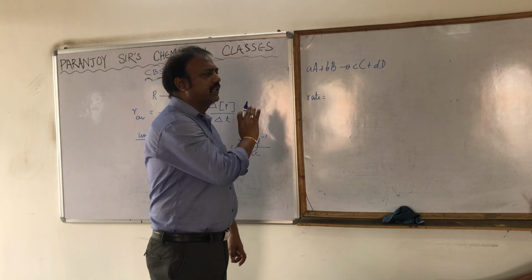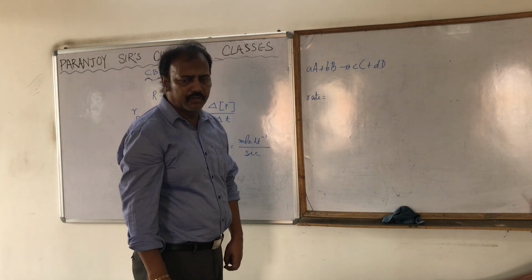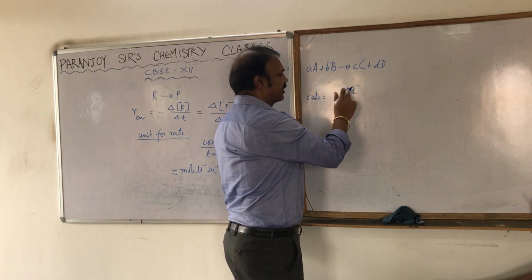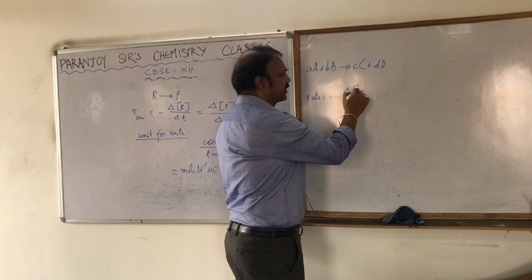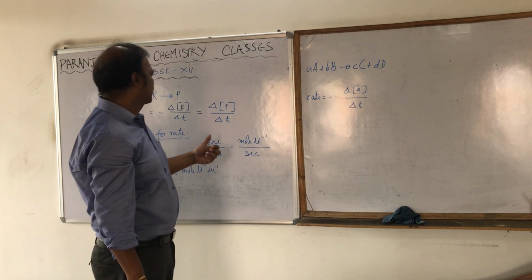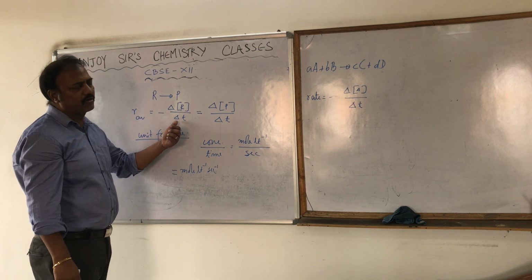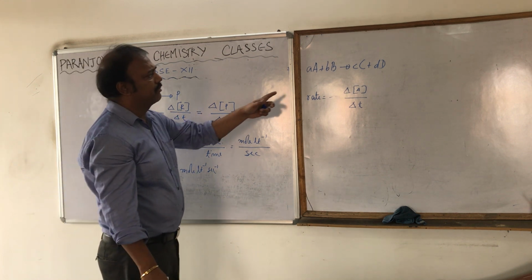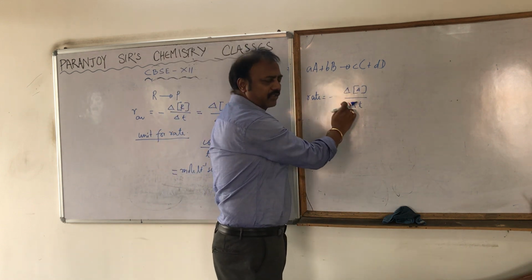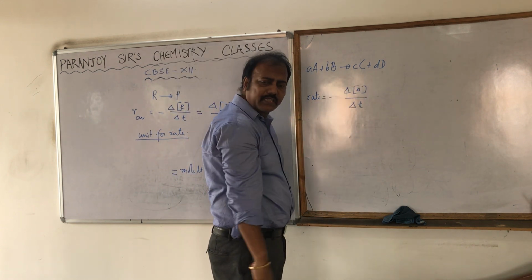So first we write the rate in terms of A, that is minus delta concentration A by delta T. But when we wrote this we wrote for only 1 mole of R. Now there are a moles, so for a moles, this is the rate.